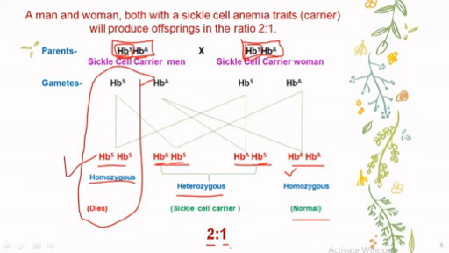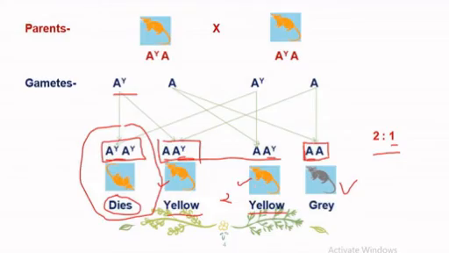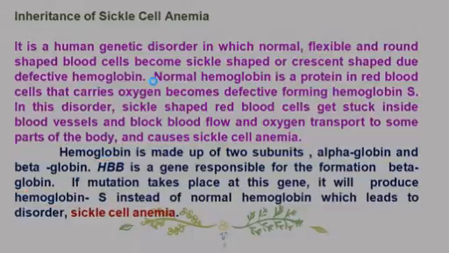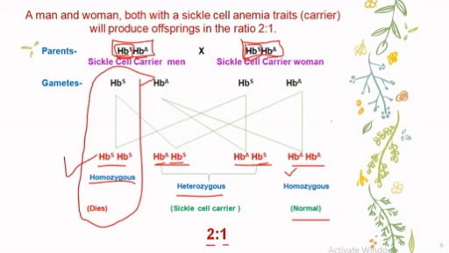So this is all about lethal genes and how these lethal genes convert the ratio, that is 3:1, into 2:1. So we have discussed 2 examples, that is coat color in mice and sickle cell anemia. So this is all about lethal genes. So thank you very much.